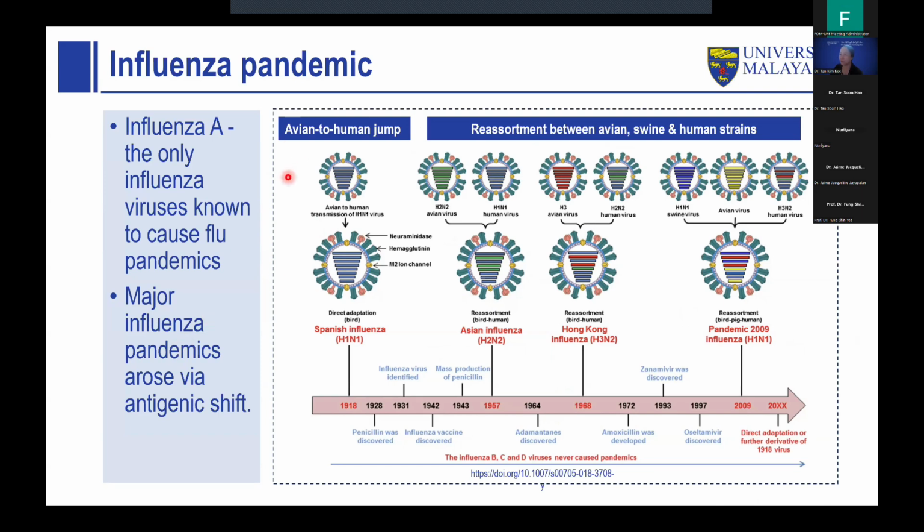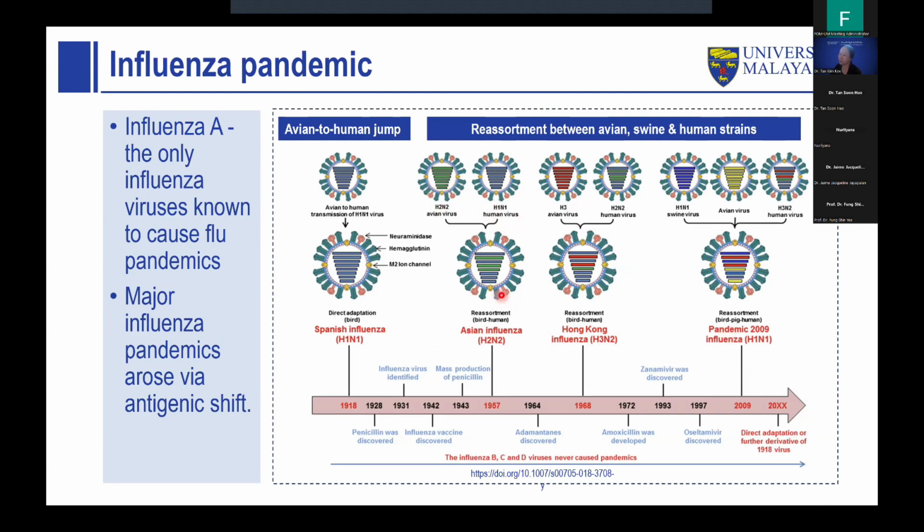This is a very busy slide, but it only tells us one thing. A major influenza pandemic normally arises through antigenic shift, which means there is a reassortment of the genome segments of different strains, as you can see here.